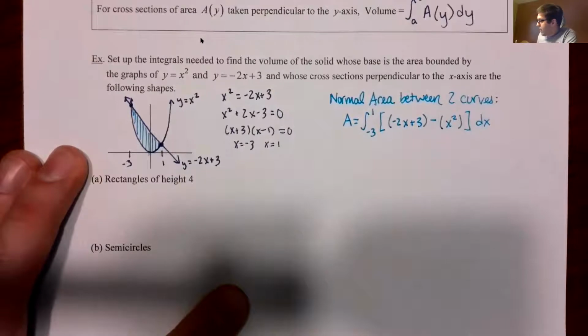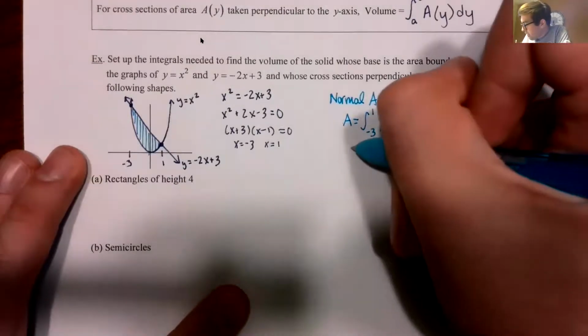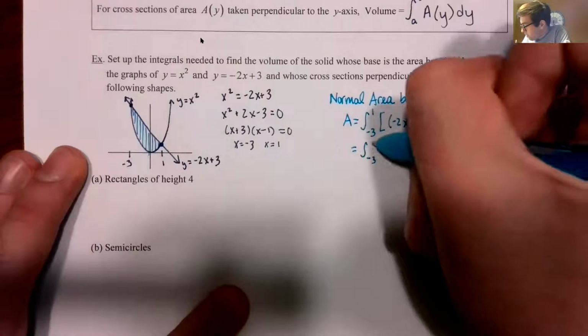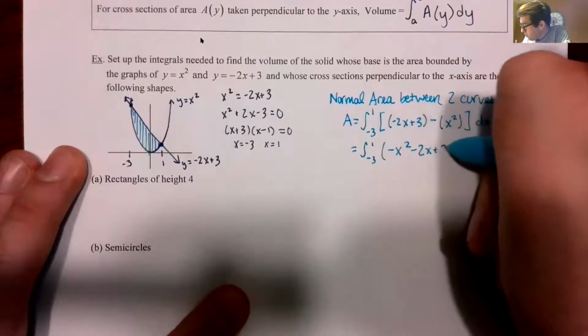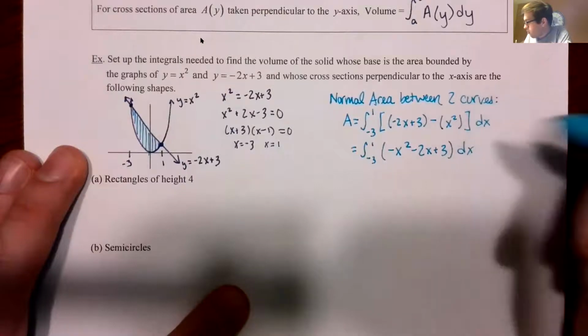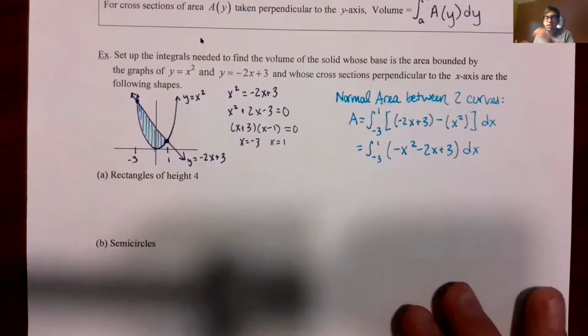But we don't really care about that. I might just want to simplify it a little bit because we are going to use this. We didn't even have any like terms to combine anyway, but that's a little bit nicer.